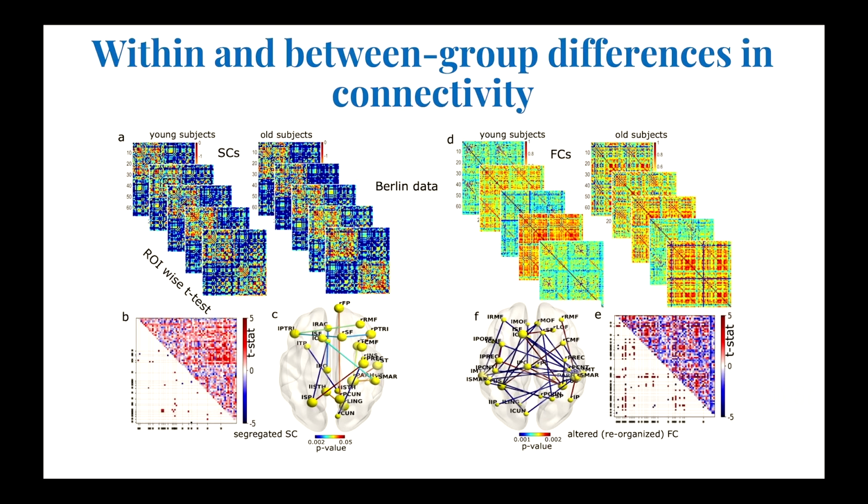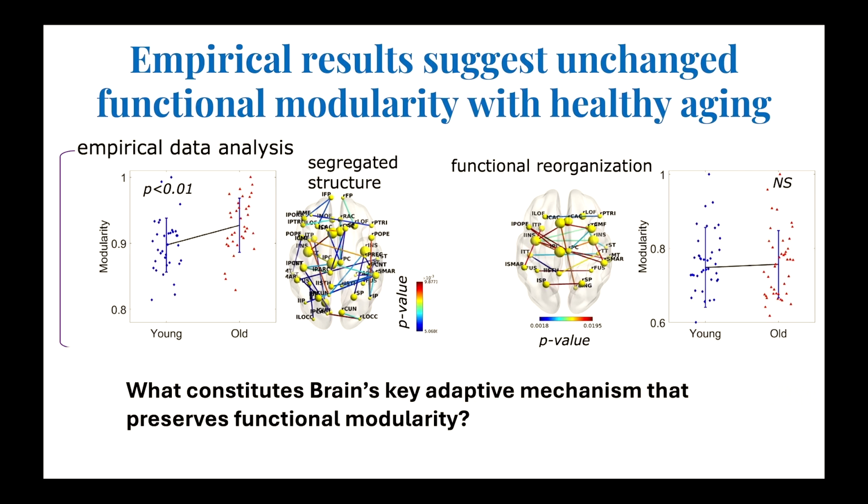Although there was altered reorganization in FC, in terms of the brain areas and their connected nodes, the number and the strengths, there was no change. You see, this is non-significant. There is no change from young to elderly individuals in their modularity, particularly in the functional reorganization, although there is a change in the structural connectivity.